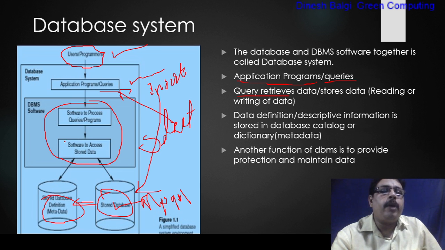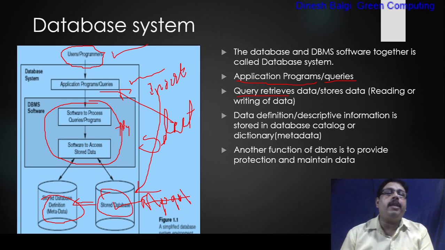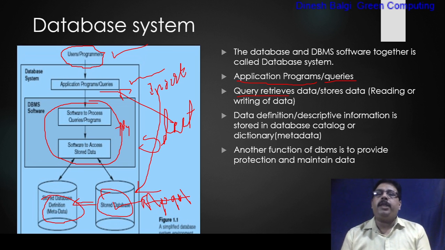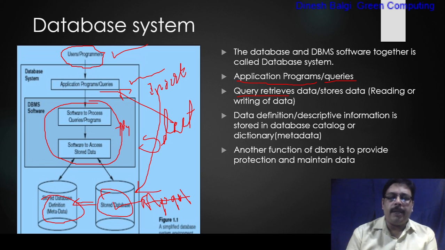This is actually the storage area where you keep data. This is MySQL, which is responsible for storing and retrieving the data. That is the DBMS software. The database and DBMS software work together, and when they work together, this is called a database management system or database system. This is how our database works.